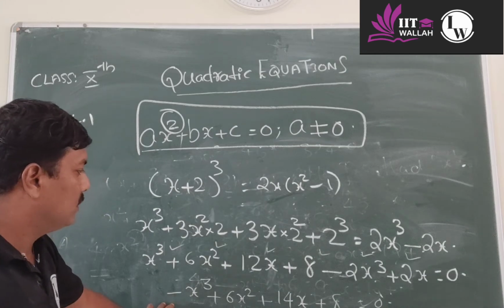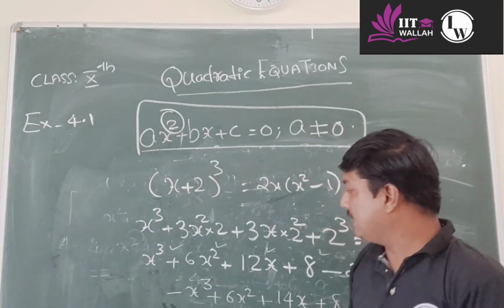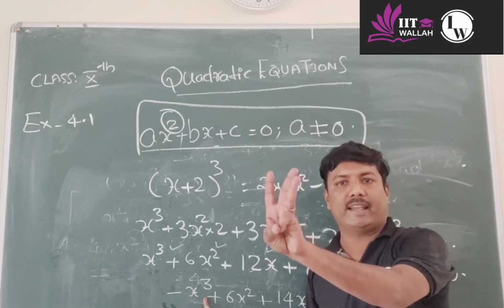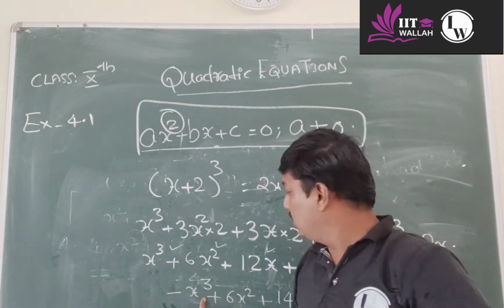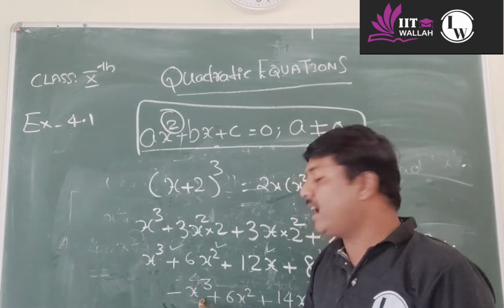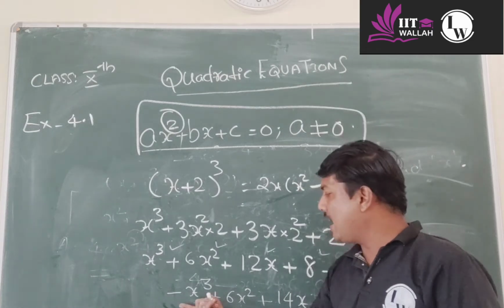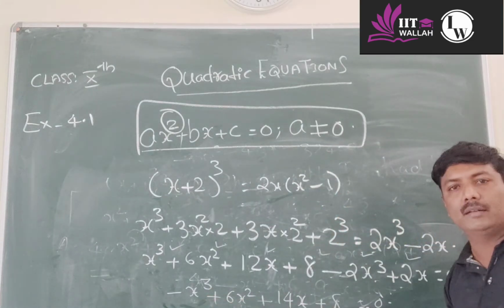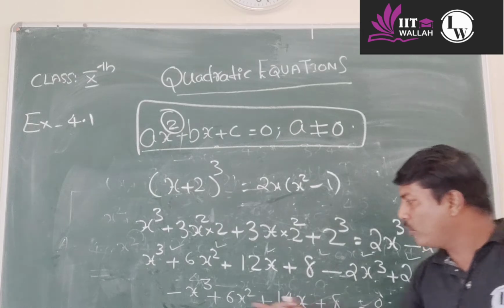See, here you can see the highest power is 3, not 2. So this is not a quadratic equation, this is a cubic equation, as it is a cubic polynomial.